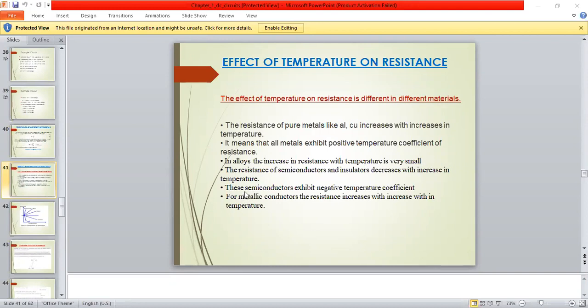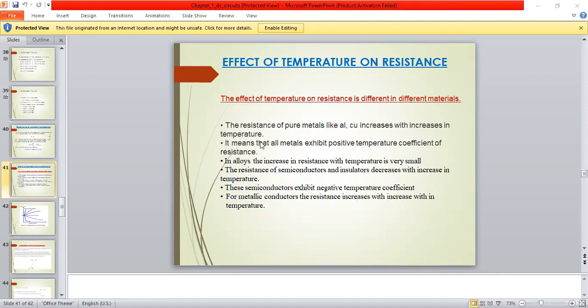Okay, next is these semiconductors exhibit negative temperature coefficient of resistance. So सेमीकंडक्टर्स और इंसुलेटर्स के केस में जो temperature coefficient of resistance की वैल्यू है, that is always negative, वो नेगेटिव रहती है.